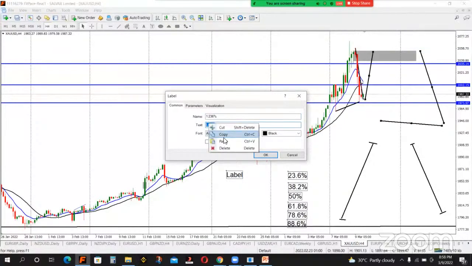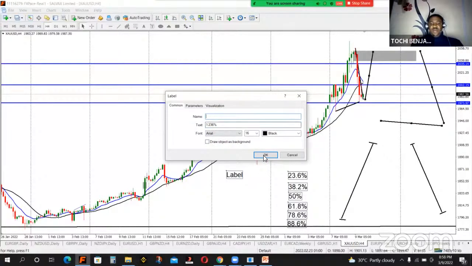No, we don't need to do this in a retracement. Just don't worry, we'll just get these numbers and plug them on my chart.